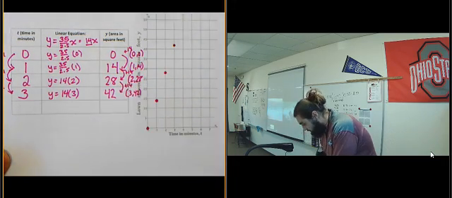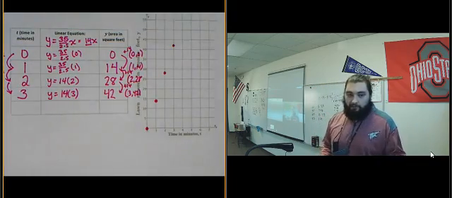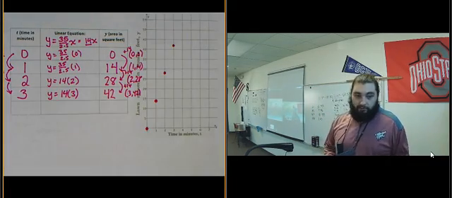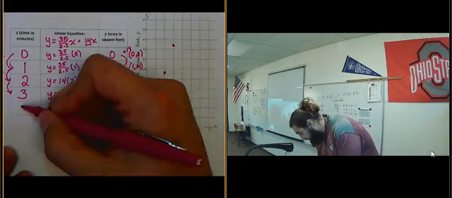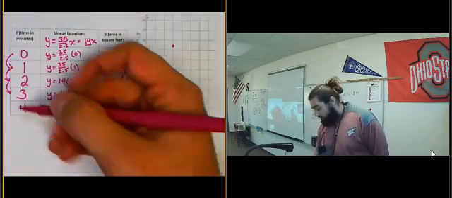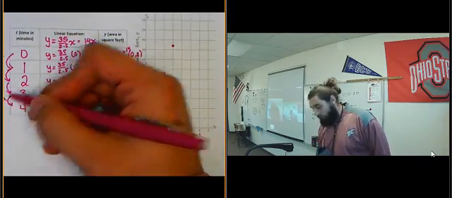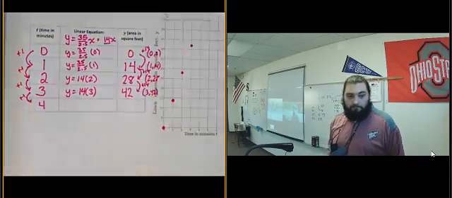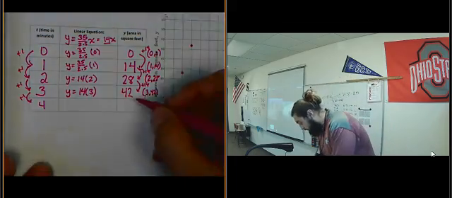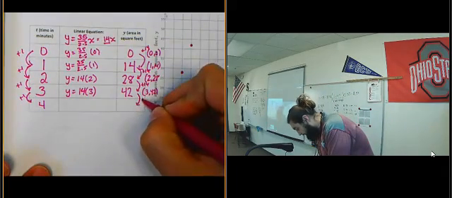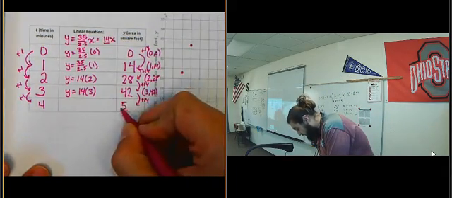Indeed it does. And we don't even technically really need to plug it in. We could just add 14 to 42 to figure out what, if we increase this by 1, okay? So again, we increase this by 1. We have to increase our y by 14. We already know what that is. 42 plus 14 is going to be 56.